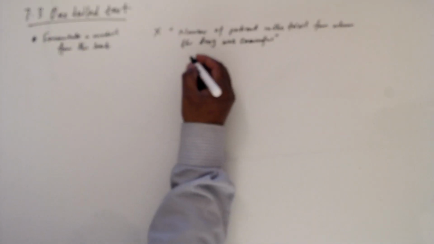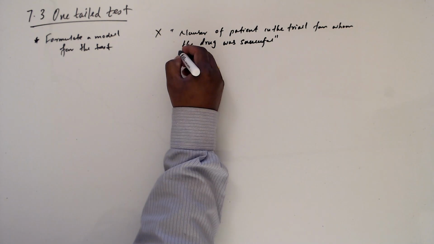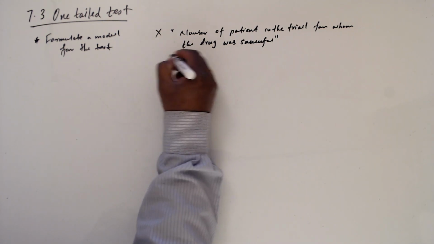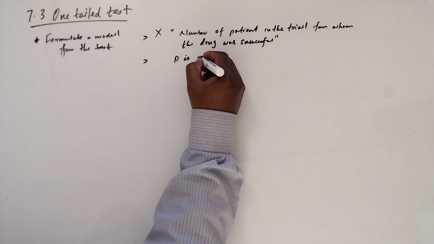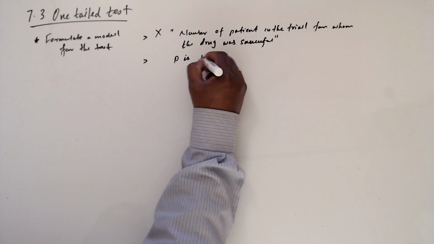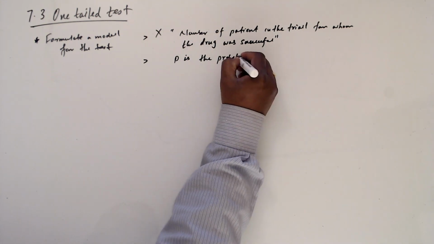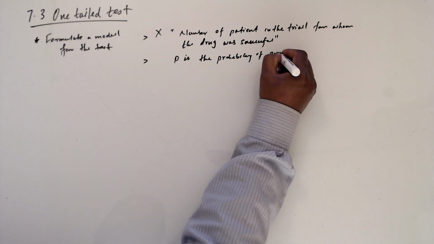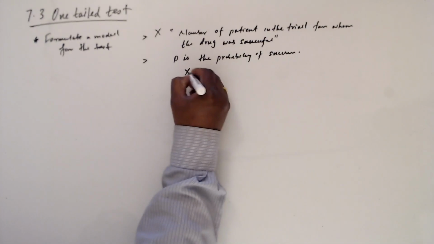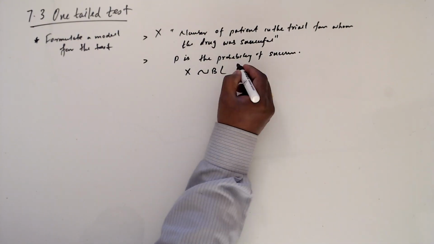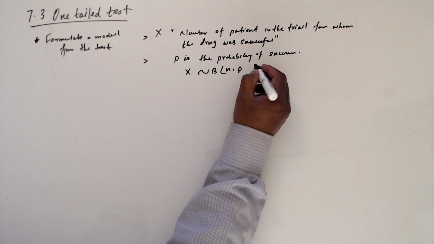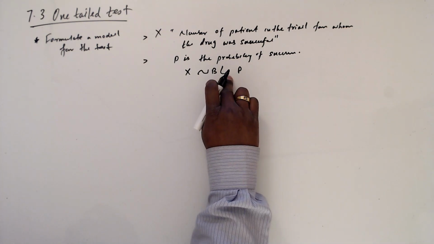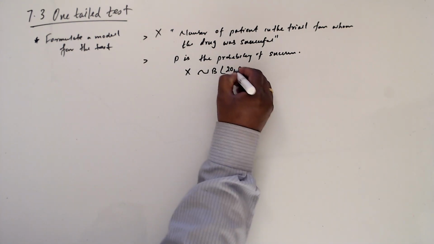If p is the probability of success, this type of model follows the binomial distribution with n and p. The n value we know now, that is 20, and p.